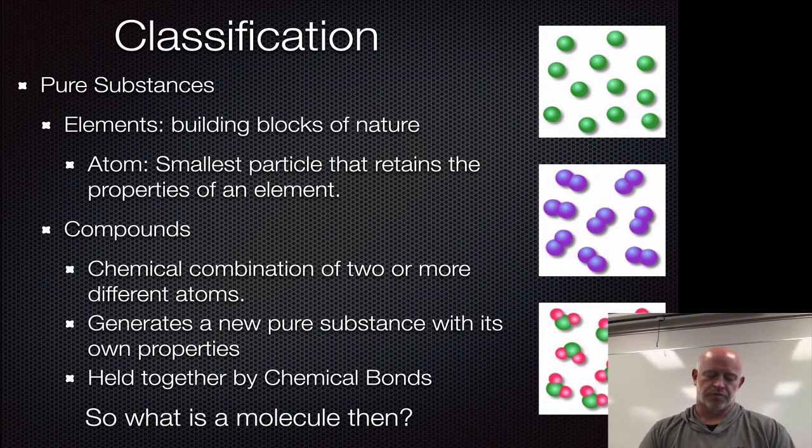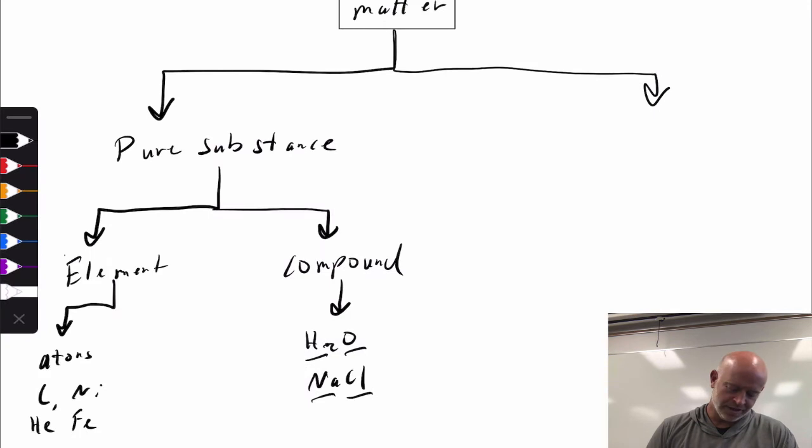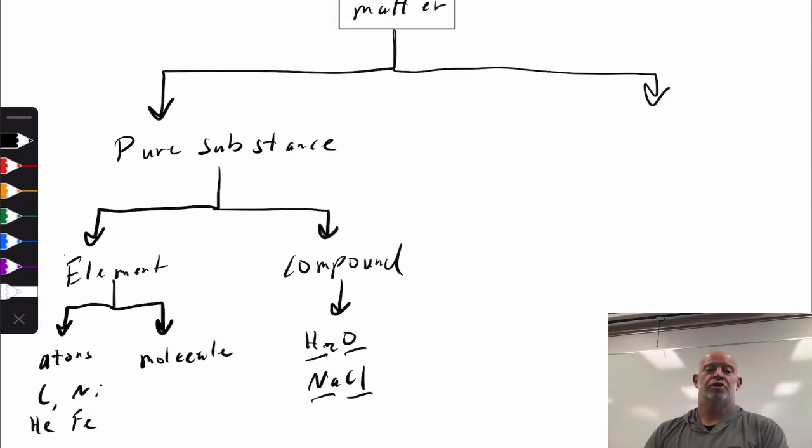So on our little graph here, an element can actually be a molecule also. When you get a molecule of an element, you get things like N2, which is nitrogen bonded to itself, or you might get H2, which is hydrogen bonded to itself.